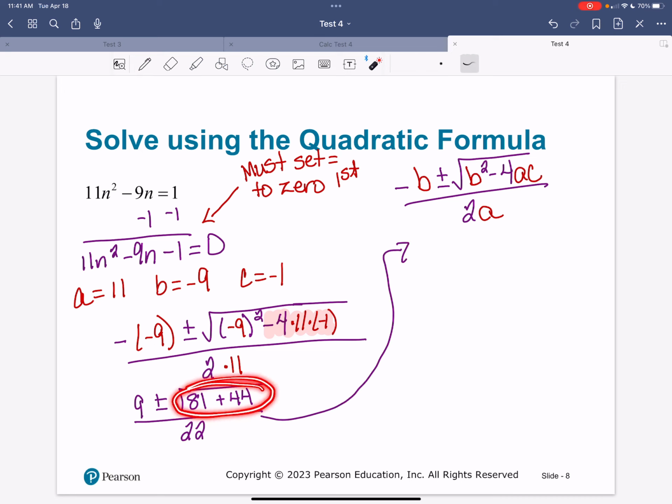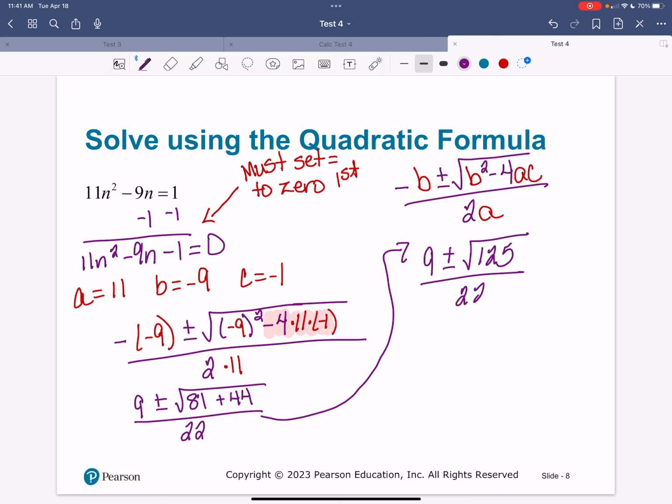So then I have 9 plus or minus the square root of 125 all over 22. There's a perfect square factor in there. What's the perfect square factor? Good. So I have 25 times 5, and I have 9 plus or minus 5 times the square root of 5 over 22.